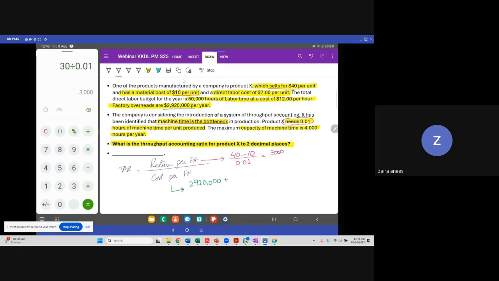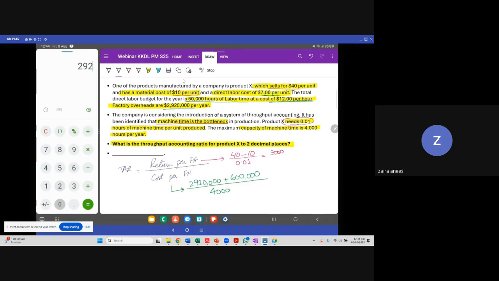How will you add labor cost? 50,000 labor time at a cost of 12 per hour. Don't consider this 7, because this 7 is per unit cost for product X. We need labor cost. Labor hours are given, so labor hours have to be multiplied with per hour rate, right? So 12 multiplied by 50,000 is 600,000, divided by maximum capacity of machine, which is 4,000, right?